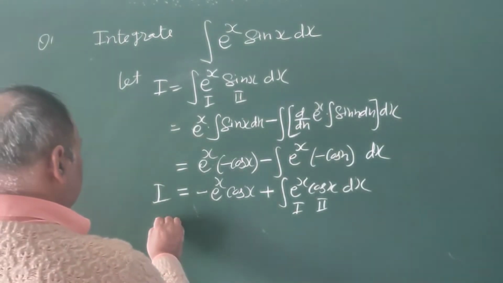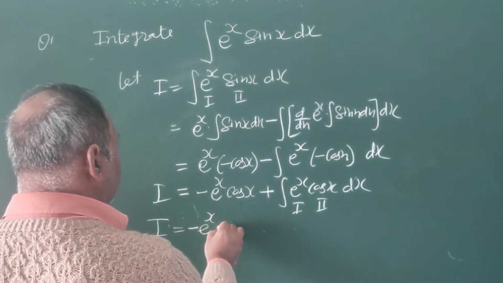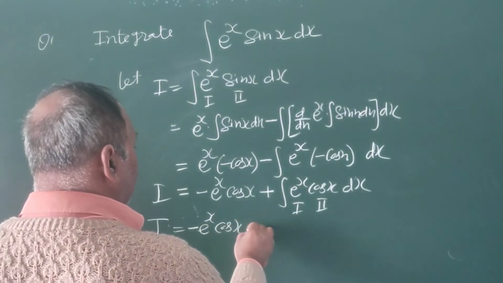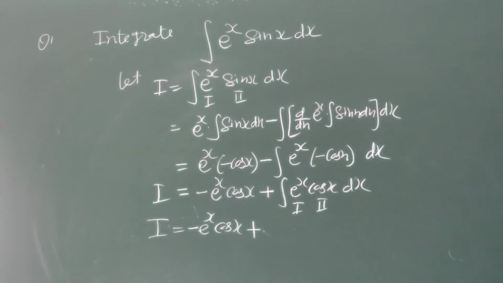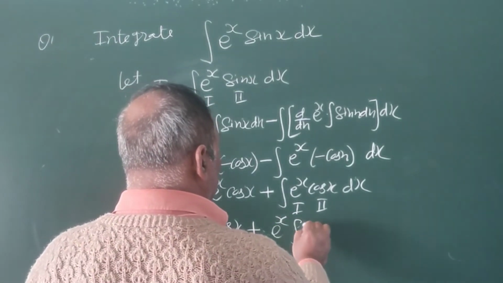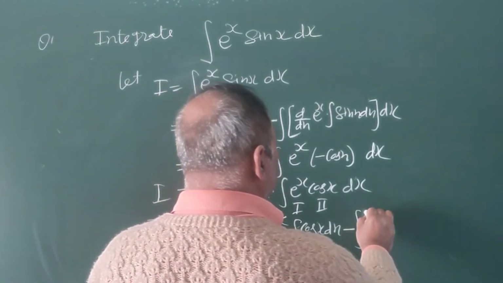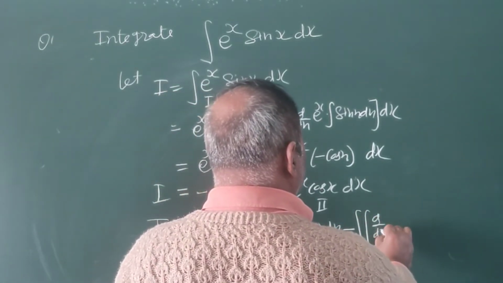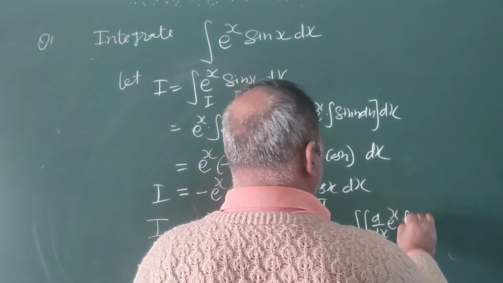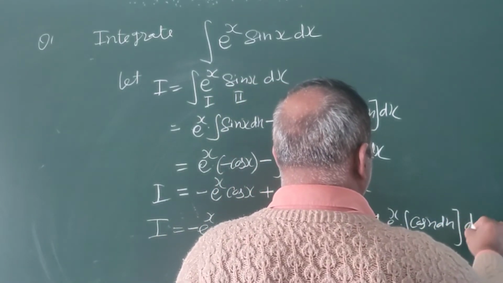We get I is equal to e raised to power x into minus cos x plus e raised to power x as it is, integration of cos x dx, minus integration of derivative of e raised to power x into integration of cos x dx, whole integration.